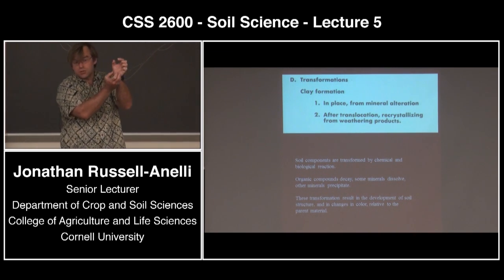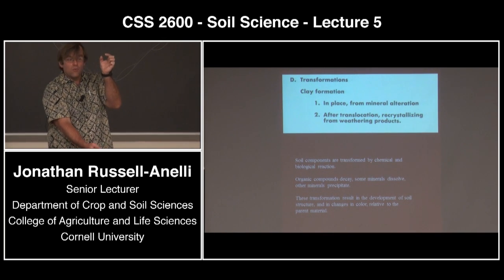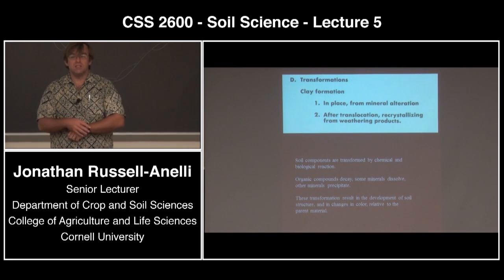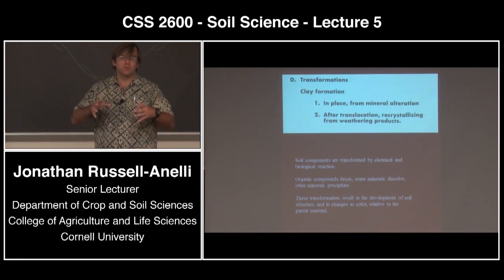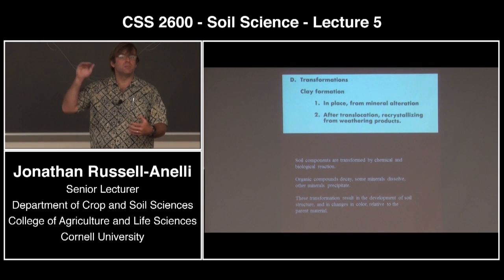But sometimes they're just translocated farther down into the system, where they can reform into something else. So that's a translocation and then a transformation. Does that make sense? You will see these when we start talking about the Fragipan in 2 weeks when we go up to the Martin, up on the top of Mount Pleasant.